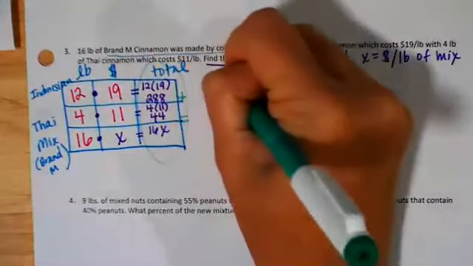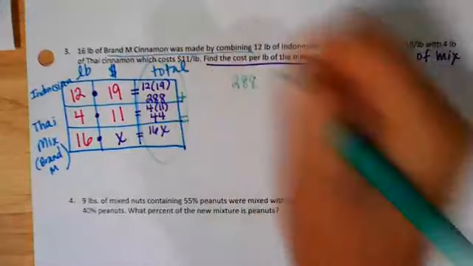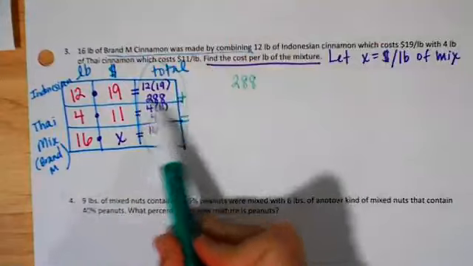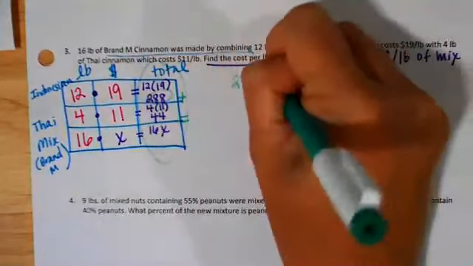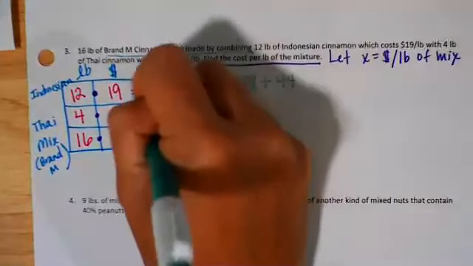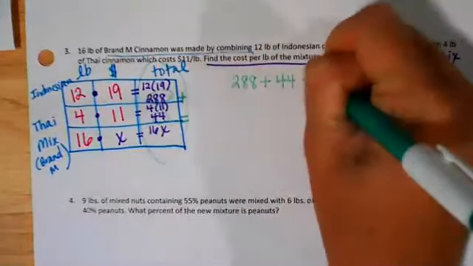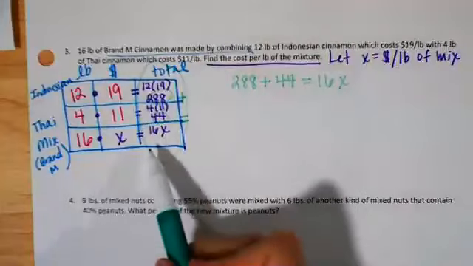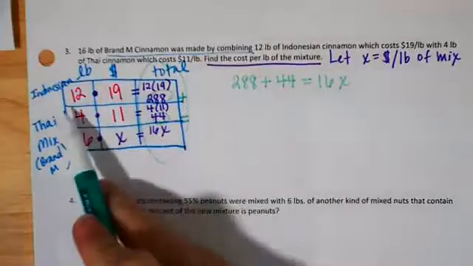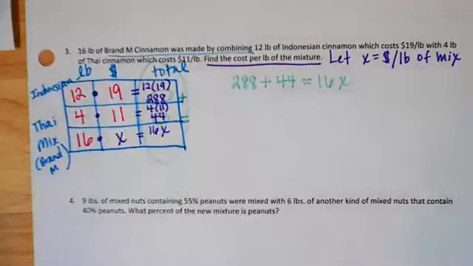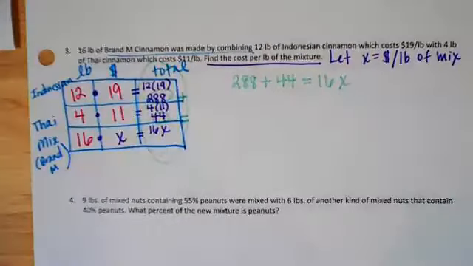So I have the 288 right here plus 44 right here equals 16X. Working down, we add and then set them equal. Working across, you multiply. Now I'm just going to solve this equation.